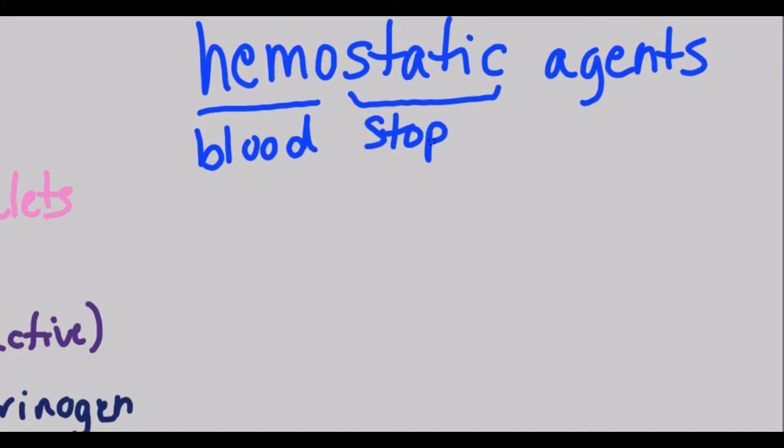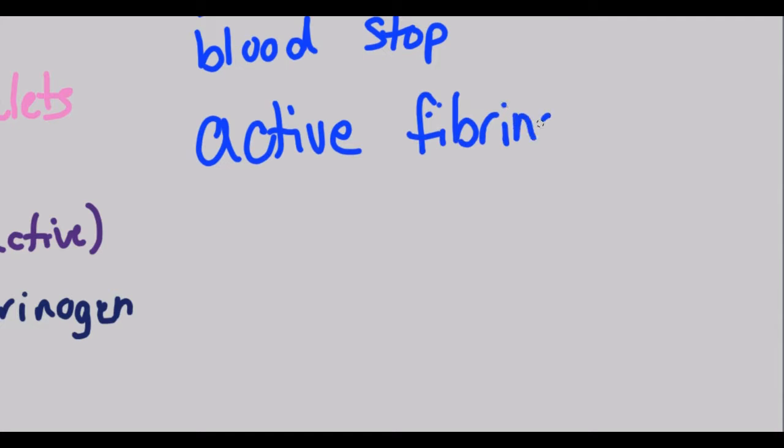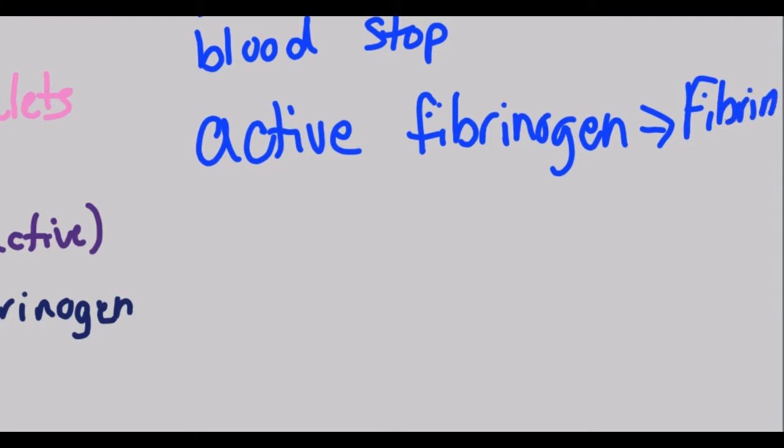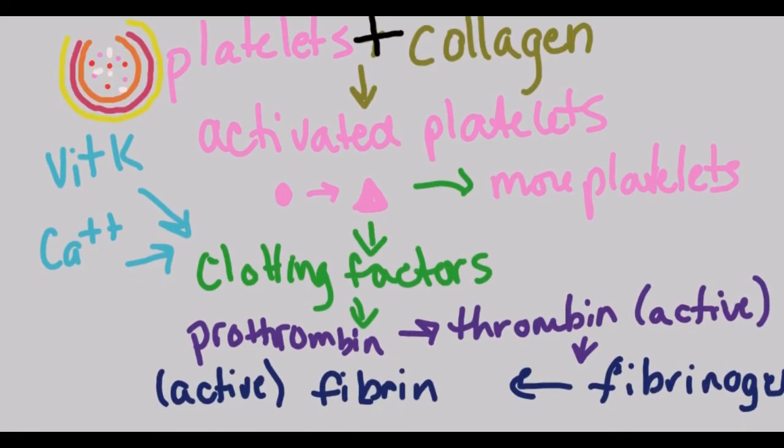Okay, so hemostatic agents. There are different types of hemostatic agents. We have active hemostatic agents, and those convert fibrinogen into fibrin. And if you remember in our clotting cascade here, platelets bind to the collagen in the connective tissue surrounding the blood vessel.